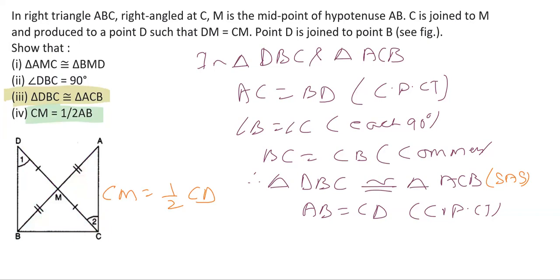That's from CPCT. Now we need to prove CM as half of AB, but we know that CM is half of CD, as M is the midpoint of CD. And from here, can I replace this CD with AB, as CD and AB are equal? That's how the fourth part can be proved.